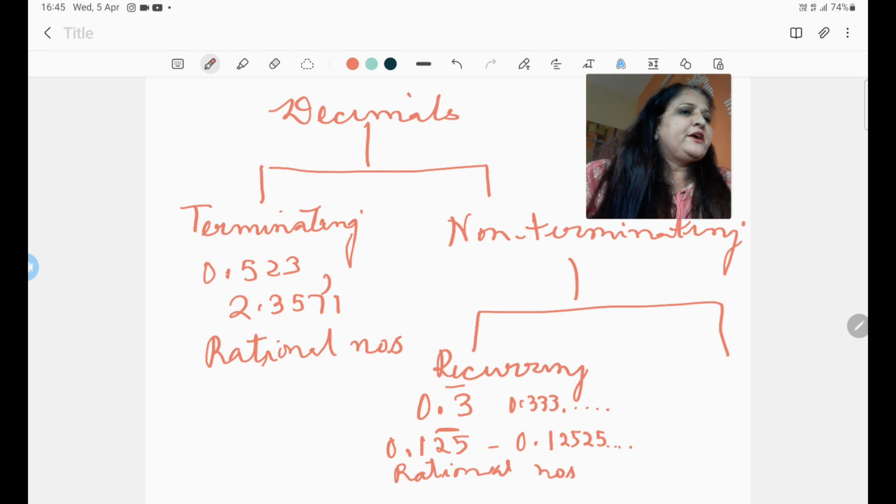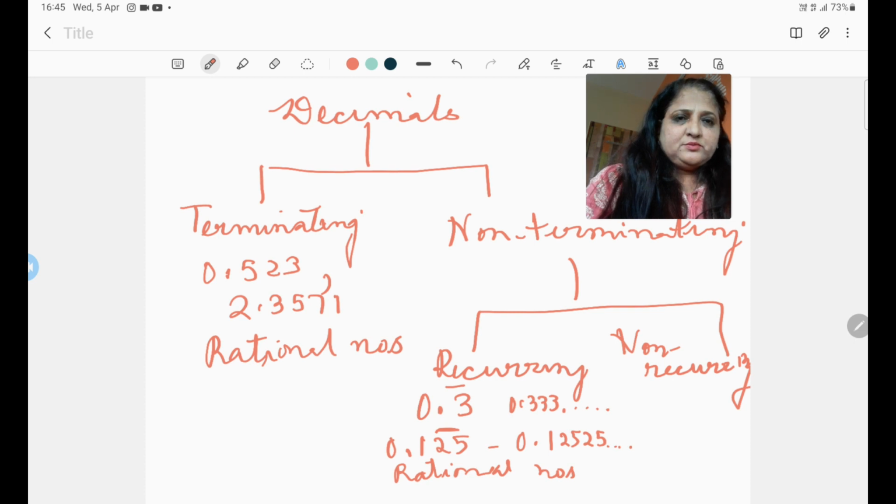But then there is one more kind of decimal: non-terminating, non-recurring. Non-recurring means the digits of the decimal expansion do not repeat, and they do not recur either. Like 1, 2, 5, 3, there is no repetition.